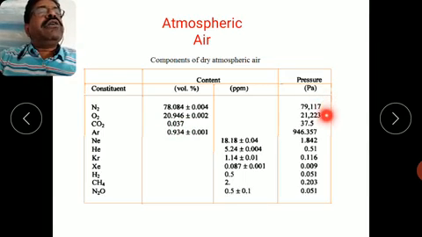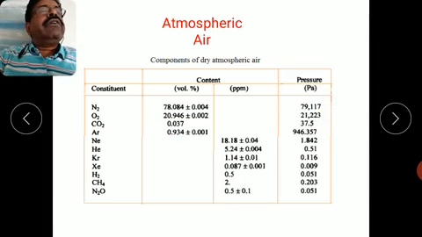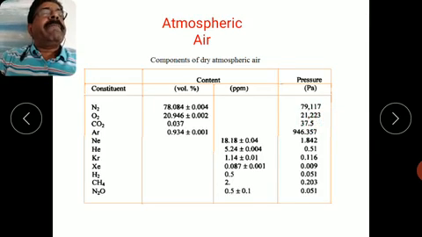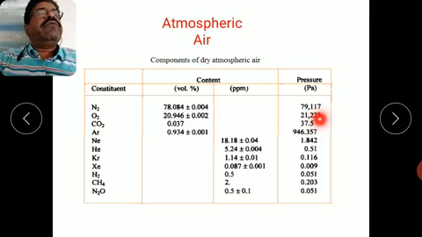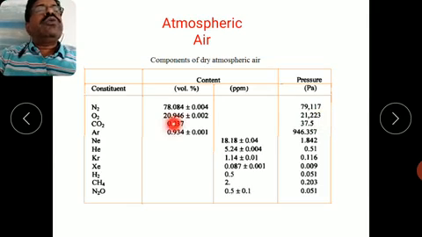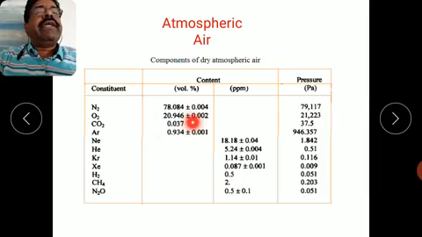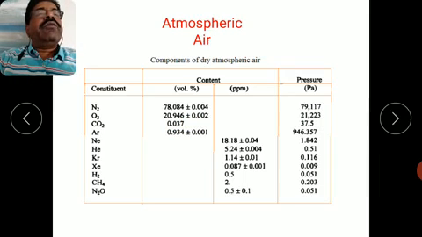And the pressure contribution you can also see here, 79,117 and 21,223. So almost 1 lakh, which is very near to the atmospheric pressure. And here also, 98% of the total air volume is because of these two gases only.